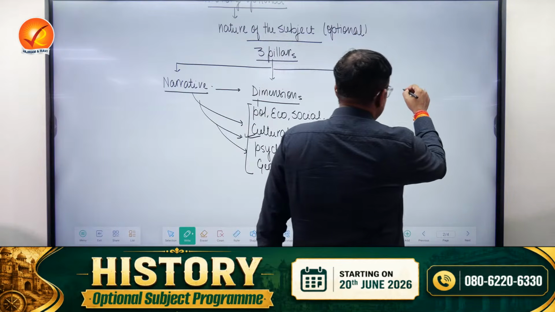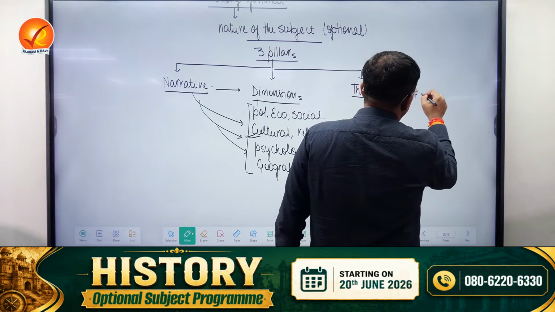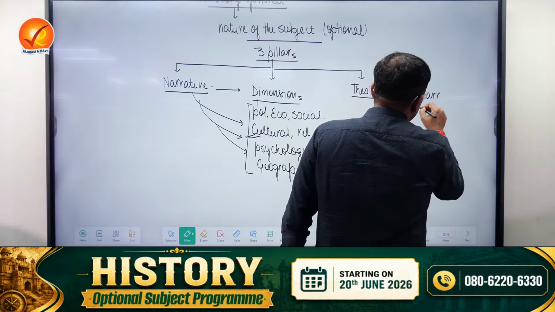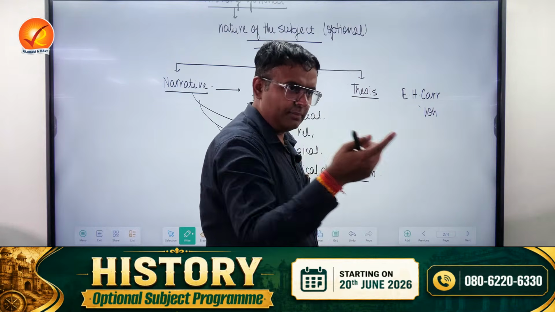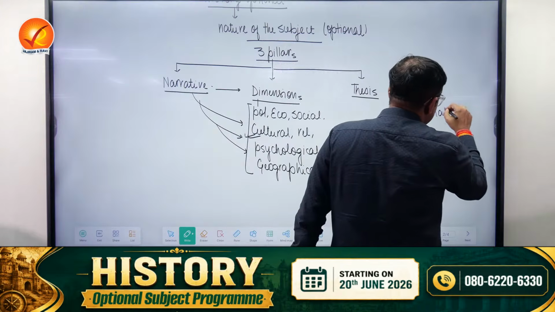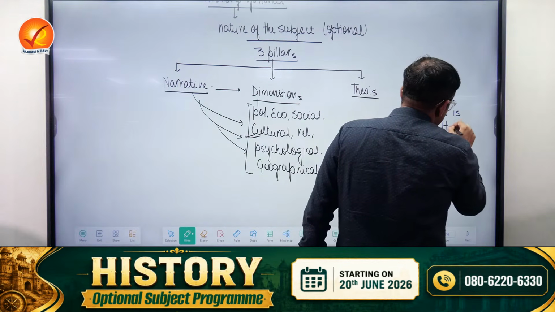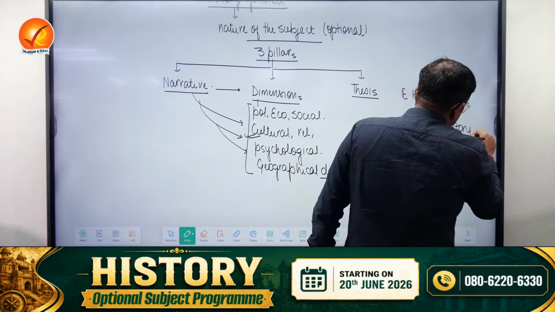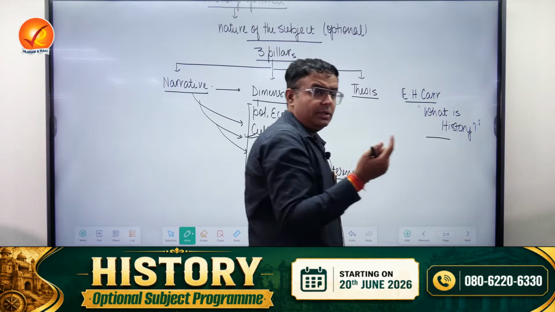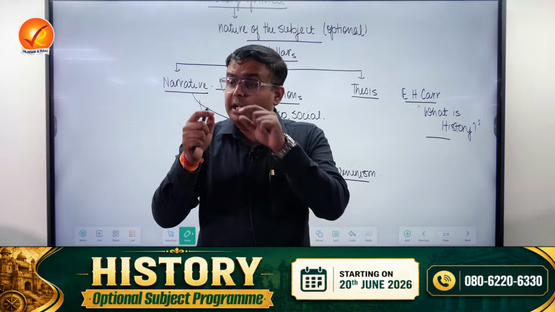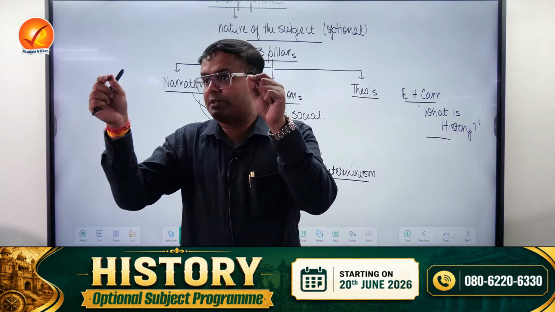Prominent historian E.H. Carr, those of you who have not read him, wrote a book, and he was also working in the British Foreign Office. He wrote the book What is History? A very famous book. In it, E.H. Carr says that history is nothing but an interaction between the historian and the fact.